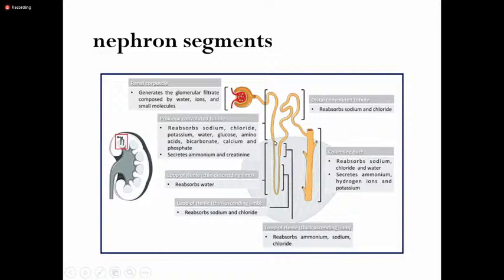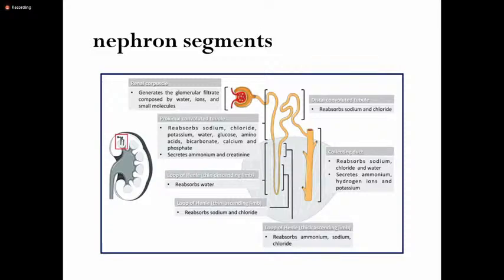In the loop of Henle, the descending loop of Henle is permeable to water, so most of water reabsorption occurs in this area. Then you have the ascending loop of Henle, which has a thin part and a thick part. In the thin part, you have mainly reabsorption of sodium chloride, whereas in the thick ascending limb, in addition to reabsorption of sodium chloride, there is reabsorption of ammonia.